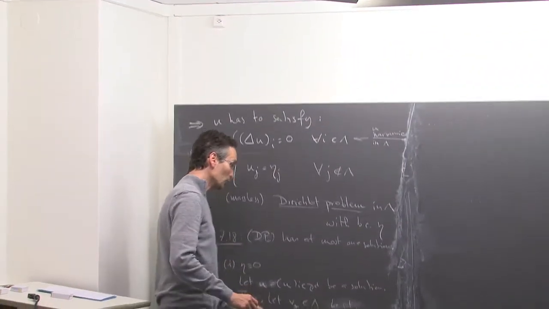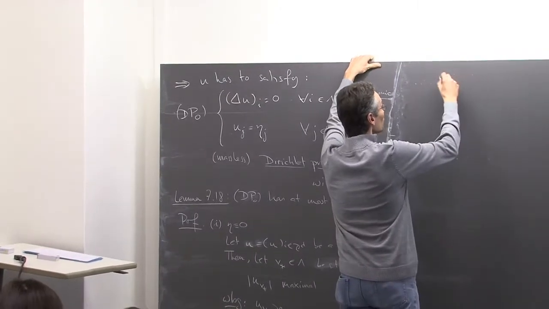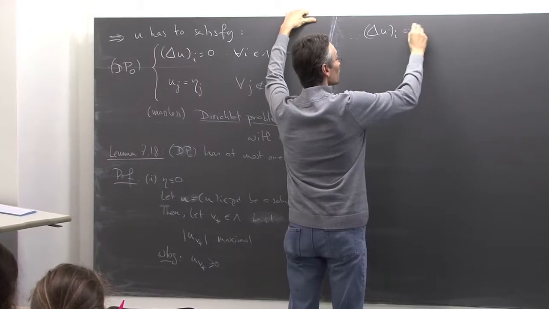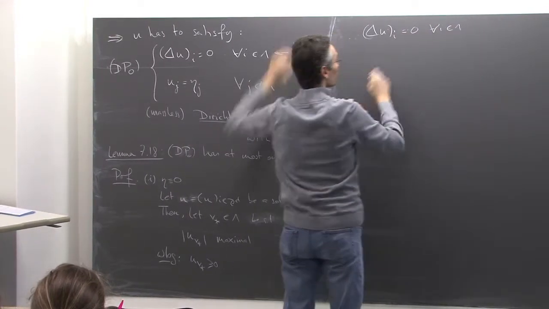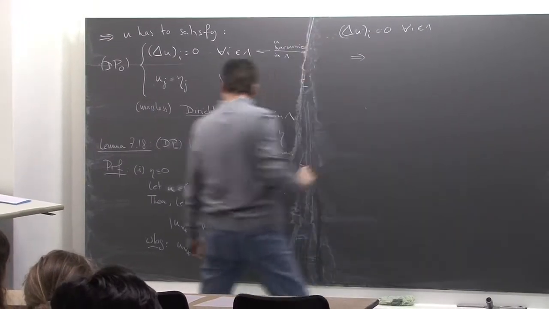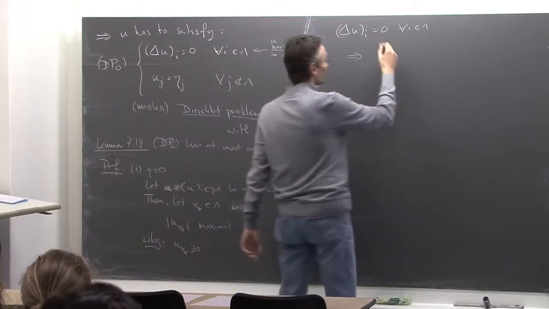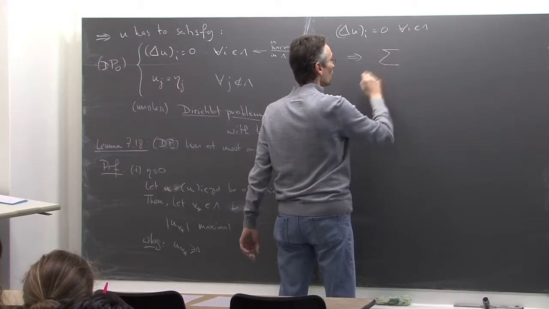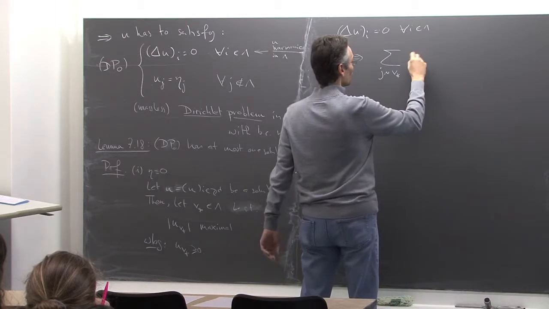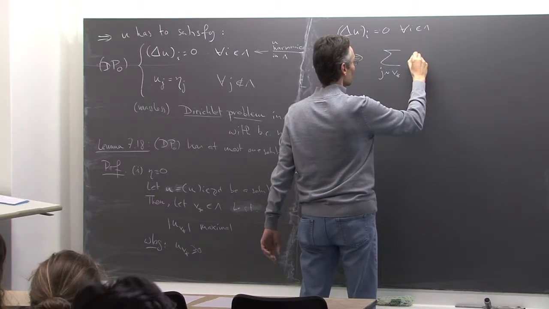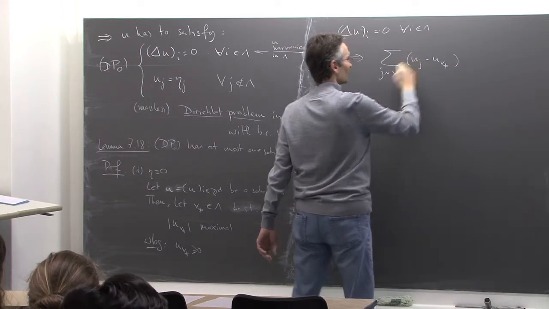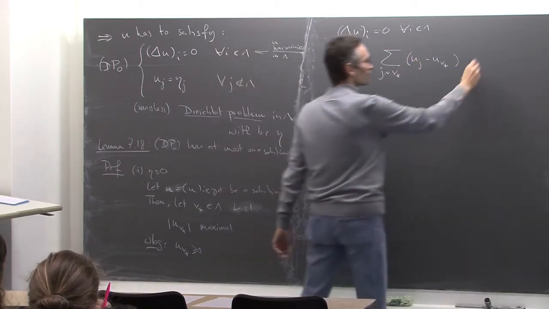Now, since u is a solution, we know that the Laplacian of u at i is equal to 0 for all i in lambda. So that means in particular that this happens at v star. If I write it at v star, I have that the sum over all j neighboring v star of u_j minus u_v star has to be equal to 0.